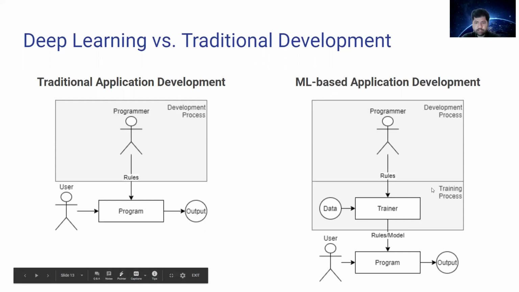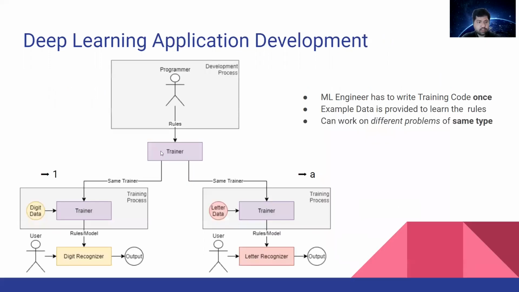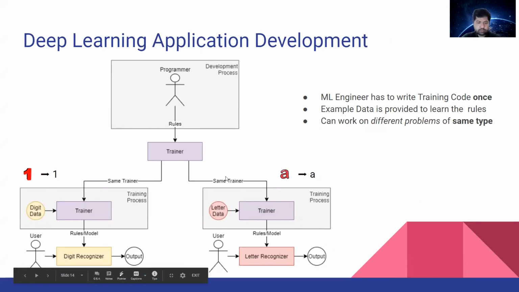As you can see, even though it looks a bit more complicated than traditional development, there is one big catch. The ML engineer just has to write one trainer, and can provide different types of data sets to build different types of applications. No need to write the trainer again and again.